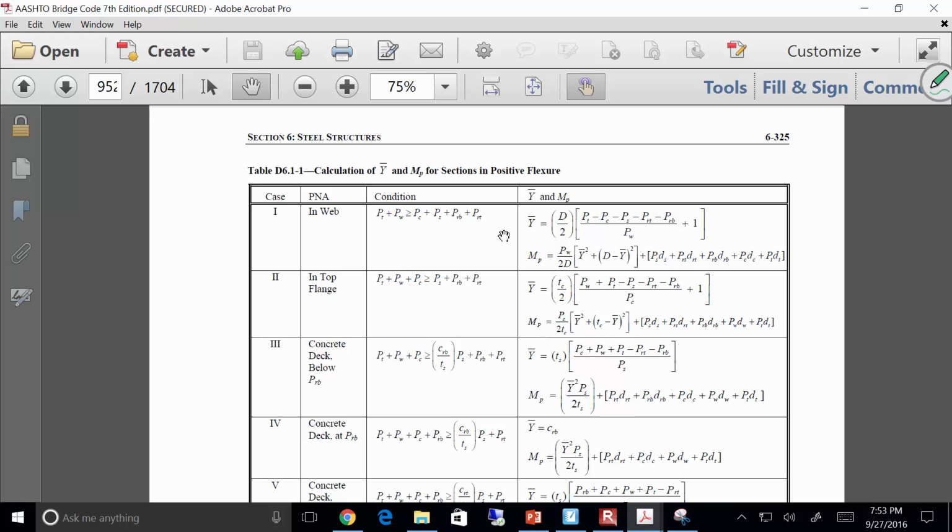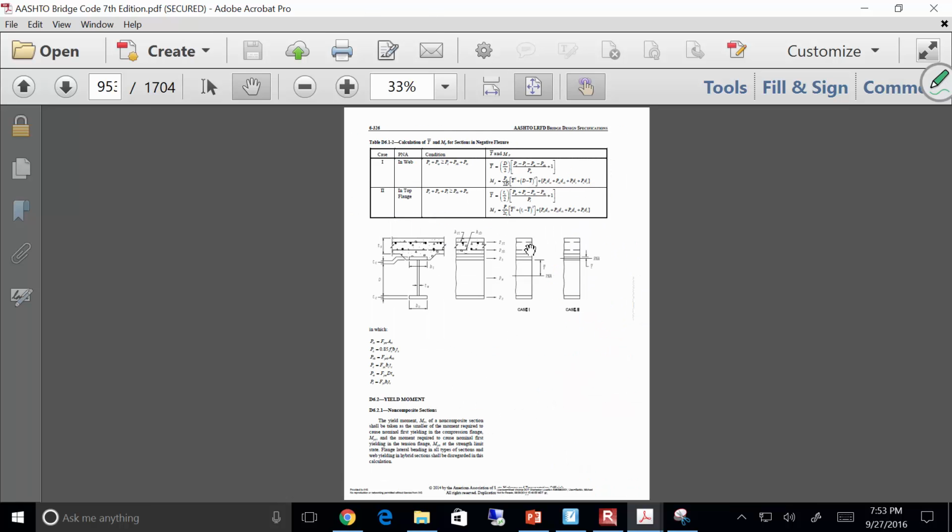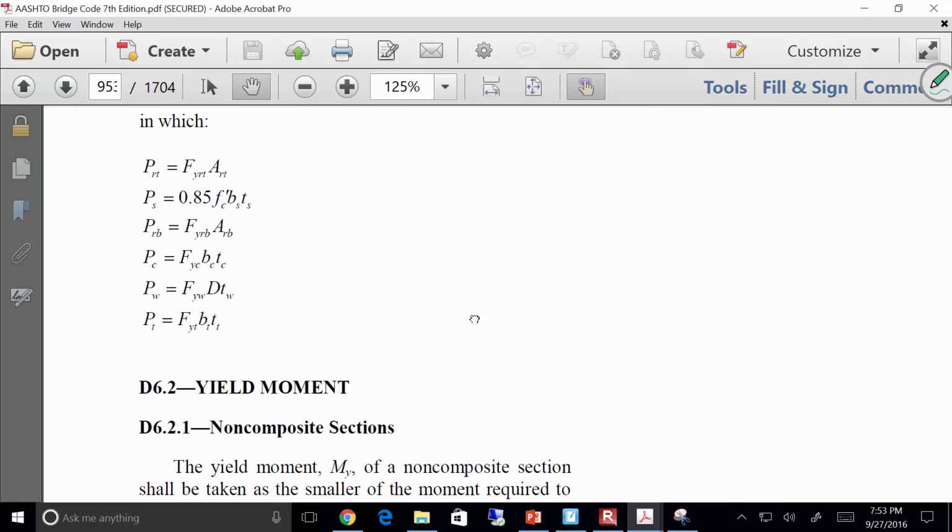Okay. Now, the first thing we need to do is compute these plastic forces, P sub T, P sub W, P sub C, P sub S. Now, how do you compute those plastic forces? Well, go on to the next page. And it's funny how they're all right there. Okay? Now, in short, P sub S is the plastic force in the slab. 0.85 FC prime times the area.